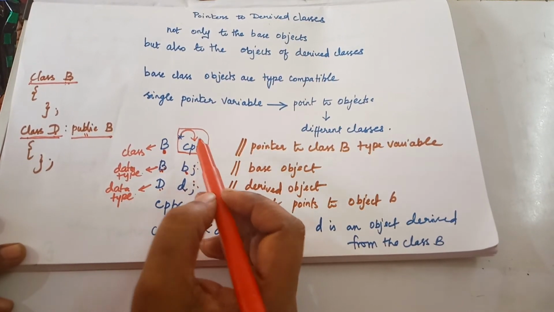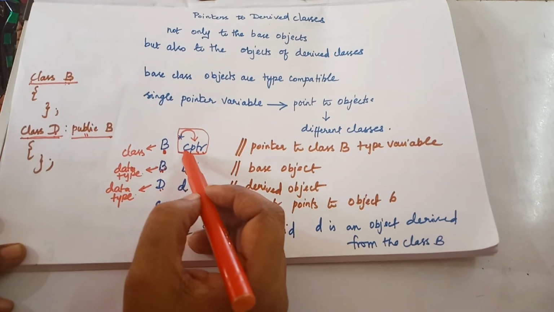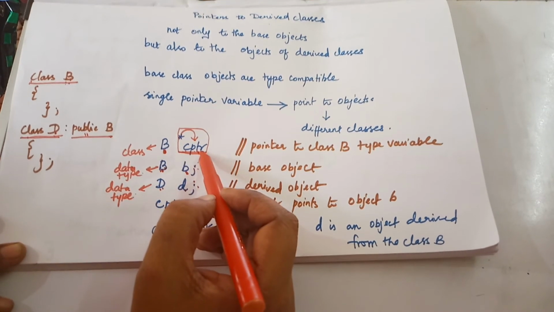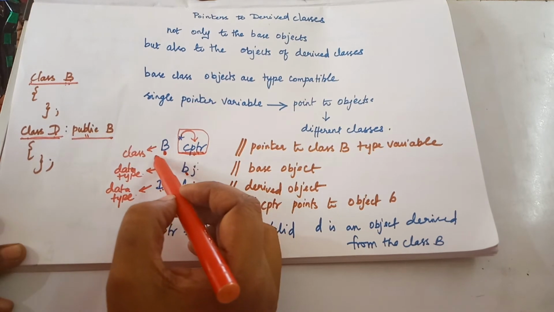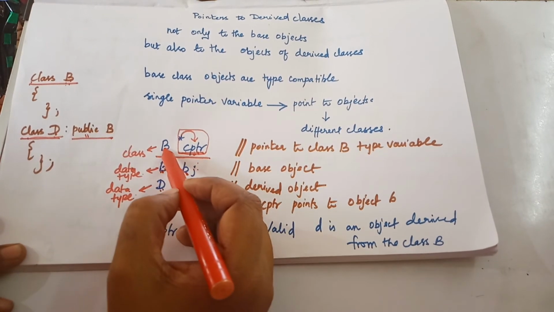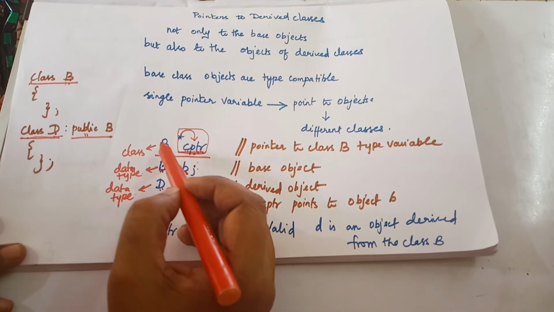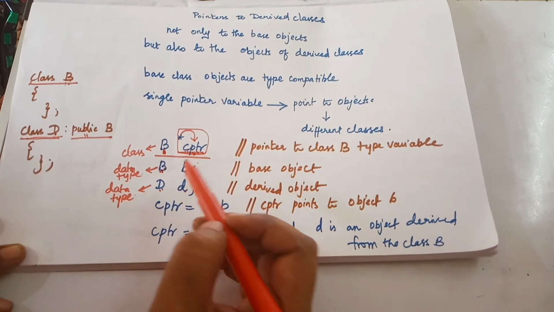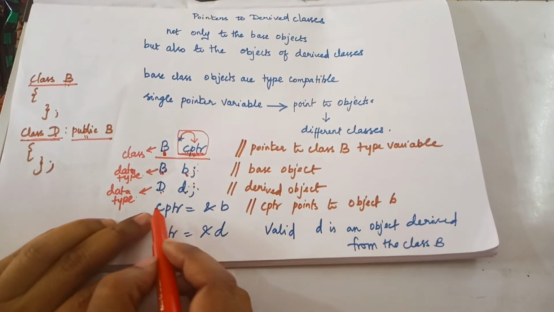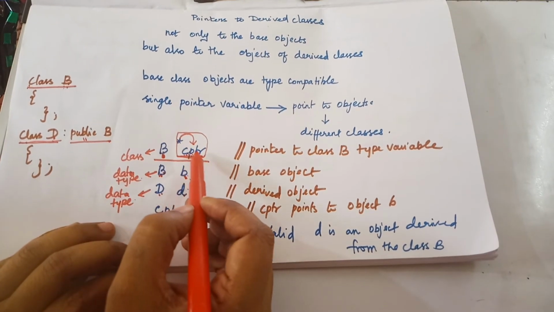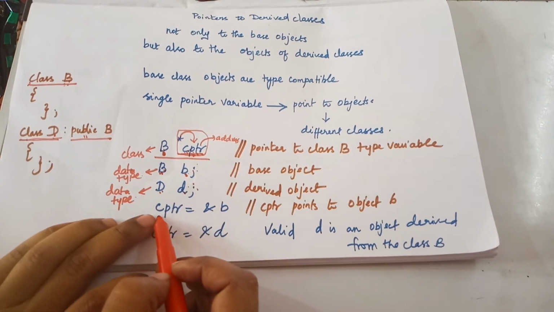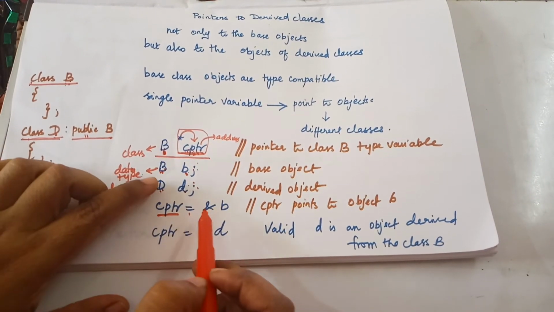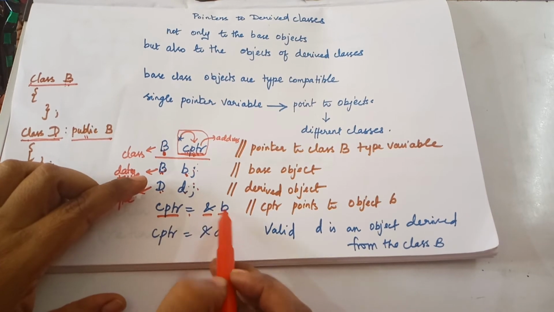So, the CPTR is the address of a particular object. That's all. Only I am including a new line, the B pointer. This is an object pointer. See here, we know that CPTR is nothing but an address. First, the address is equal to, it takes the address of the base object.